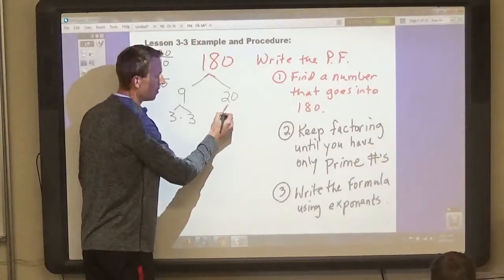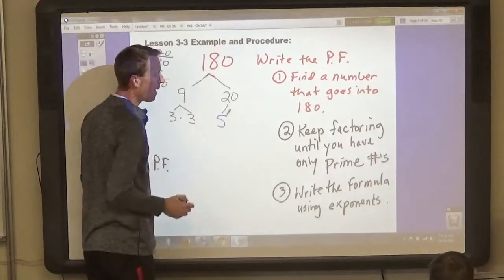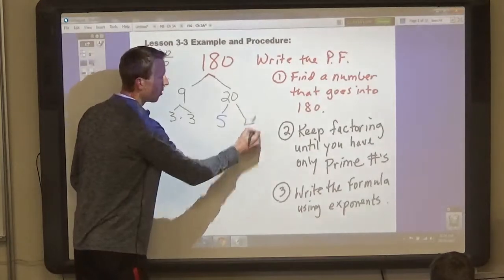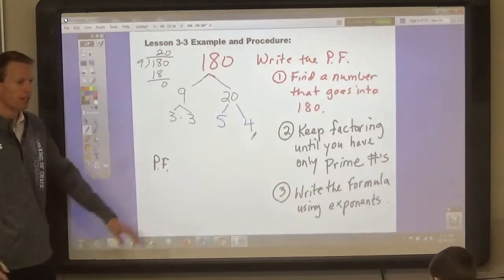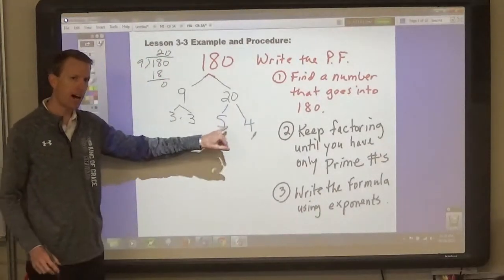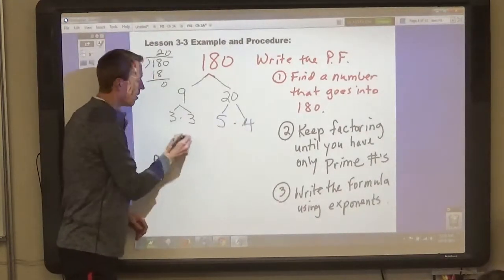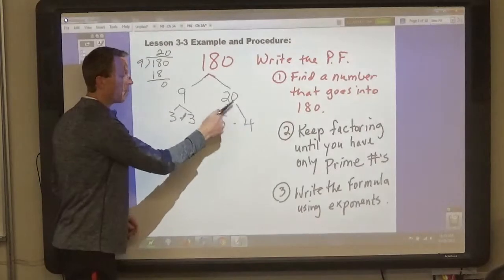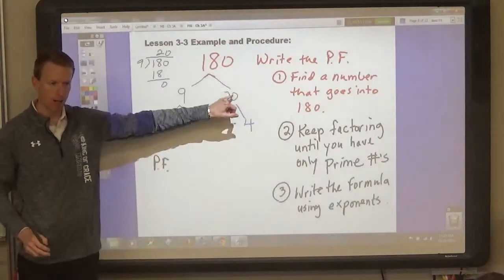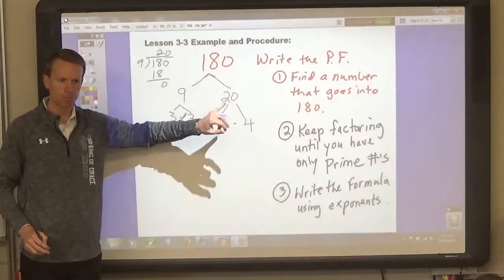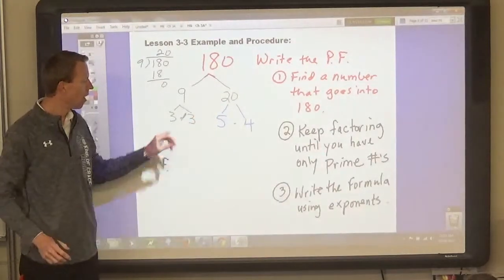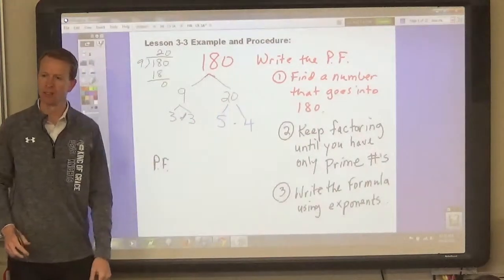What else? If we're going to use 5, then 4 goes into 20 also, right? 5 and 4 make 20. You can't write 5 and 10 here because we have to have the two numbers that multiply to make the number above it. Okay?